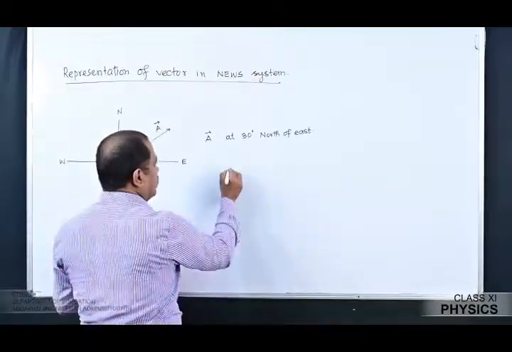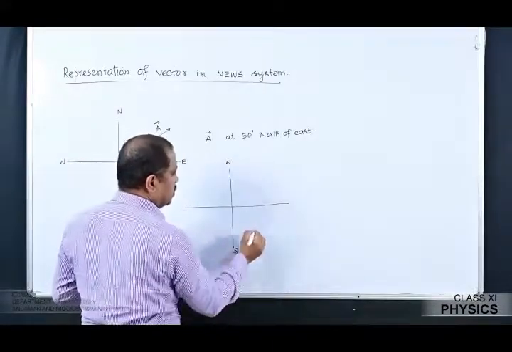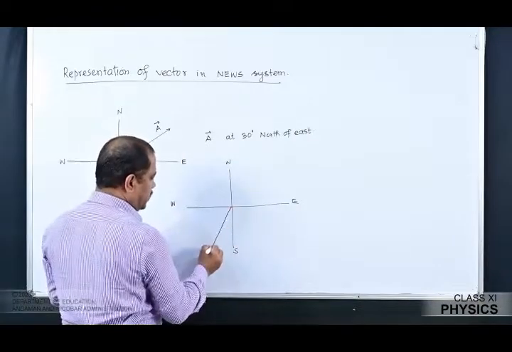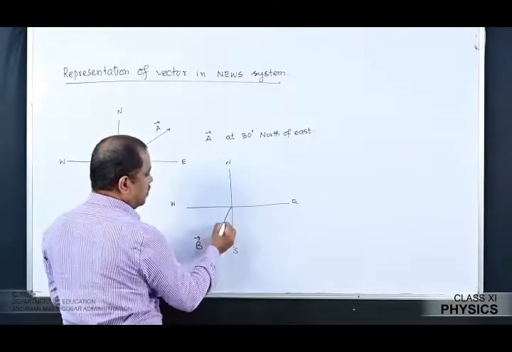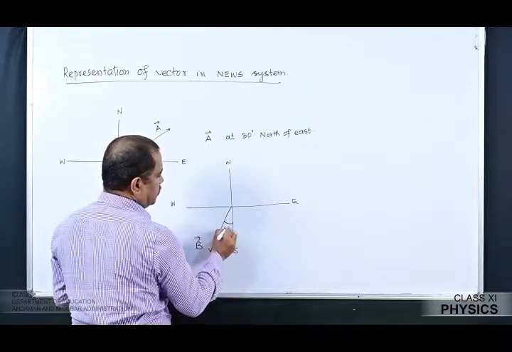Let us see another vector. Say this is north for me, south, east and west. This time say I have a vector like this, and this be vector B, and here say this is some 40 degree.